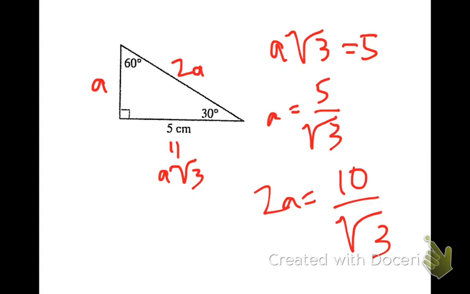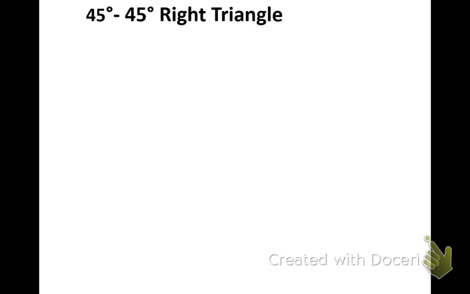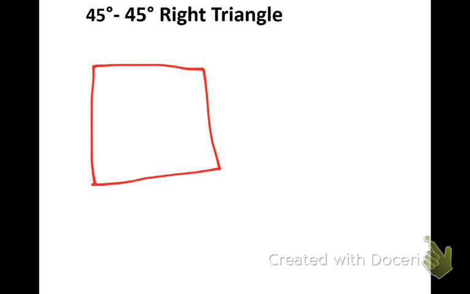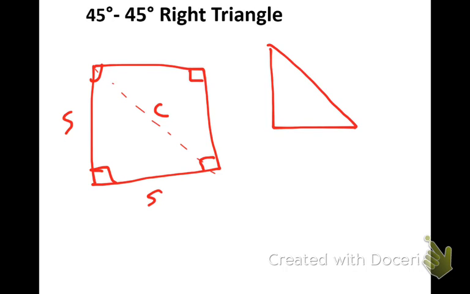No questions. Now we're going to do a 45-45 right triangle. So to think about the ratio for that one, if I take a square and I draw a square with side length S and I draw a diagonal, we'll call the hypotenuse C. Then we would have S, S, and C, and so we would have side squared plus side squared equals C squared.